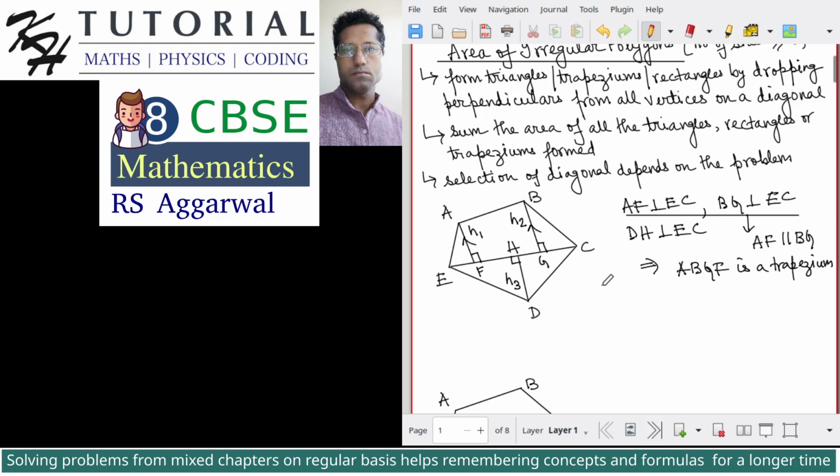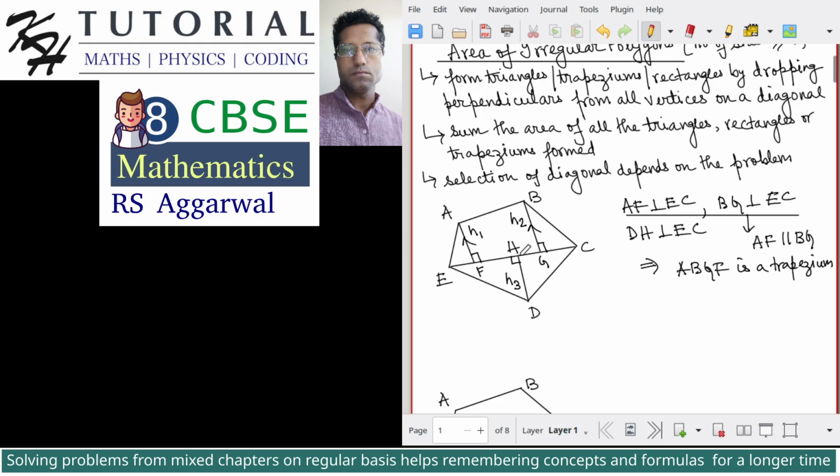As you can see, the diagonal EC has divided the polygon into one triangle, that is EDC, and another quadrilateral ABCE. Further, the quadrilateral ABCE has been divided into two triangles, AEF and BGC, and the trapezium ABGF.